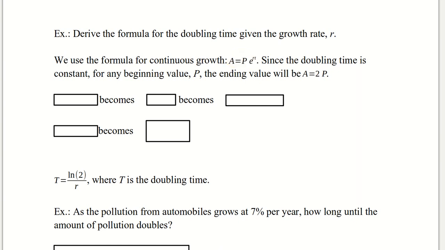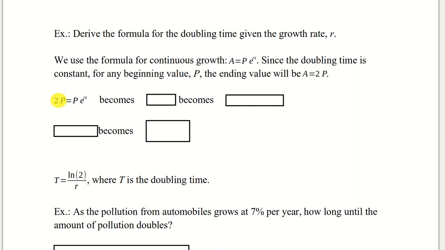When we're doubling, what we're saying is whatever the current amount is, whatever P is, the future amount is twice that. So to double means that the future amount is twice what the current amount is. So let's plug that into our formula. Taking the place of A is 2P, because we're asking the question, how long does it take to double?